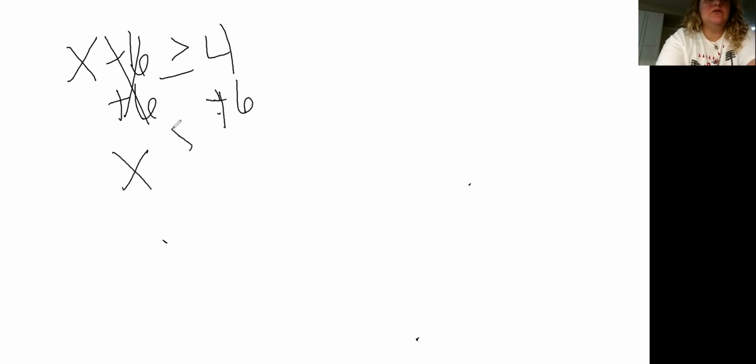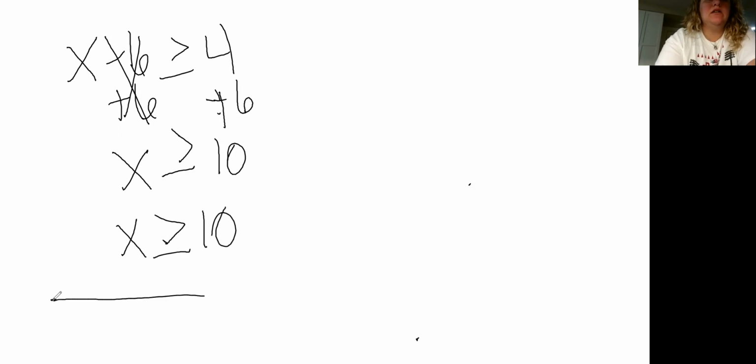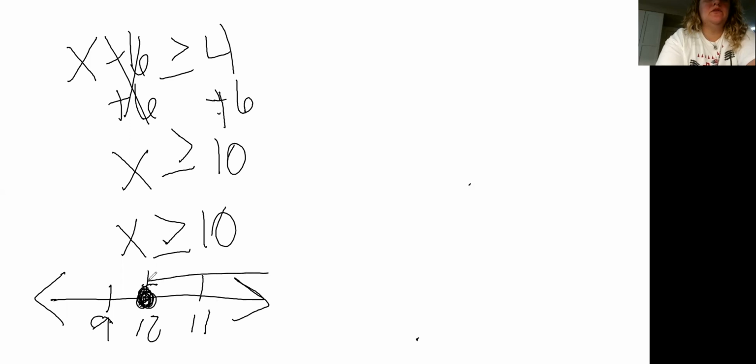This would leave x is greater than or equal to 10. X is greater than or equal to 10 would look like this: greater than or equal to, so closed circle, and everything greater. And here, if I put 10 in for x, this would still be true. 10 minus 6 would be 4, and that's greater than or equal to 4. So that's why we're including 10 in that solution set.